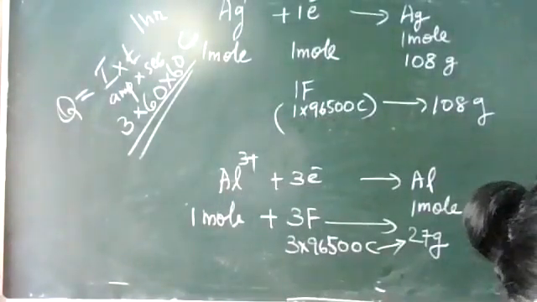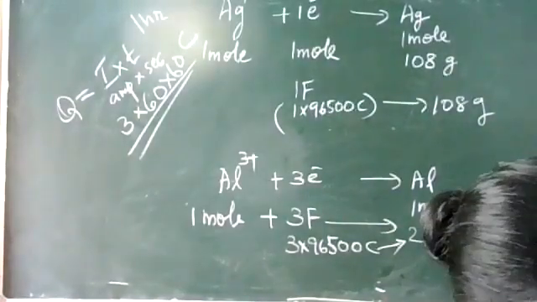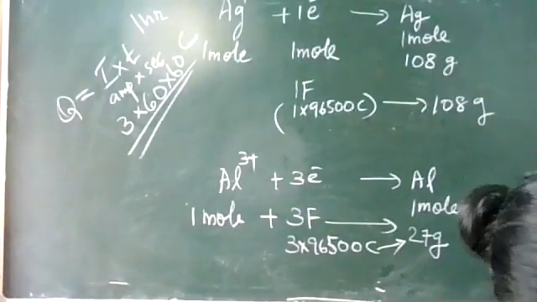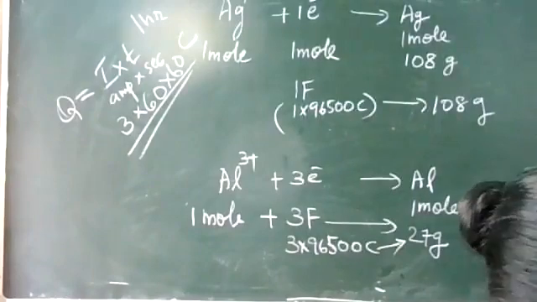What you have written: the mass of any substance deposited or liberated is directly proportional to the quantity of electricity passed through the electrolyte.